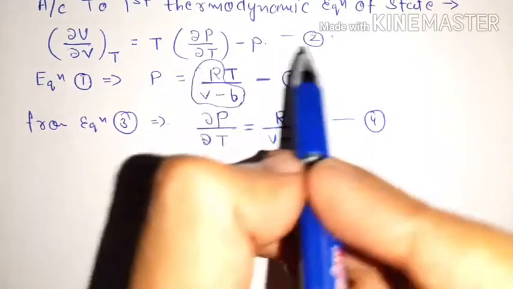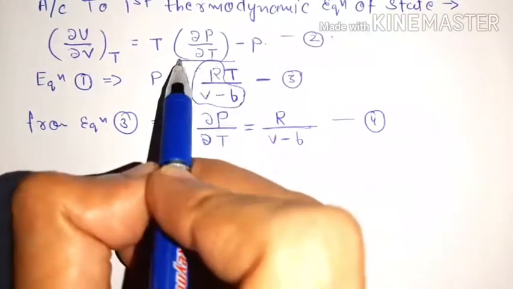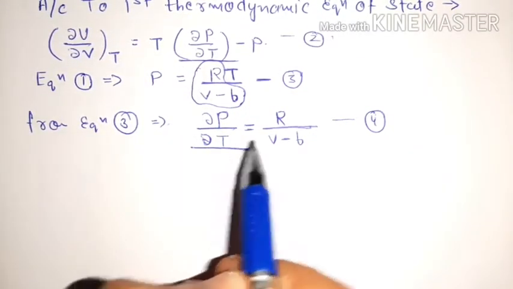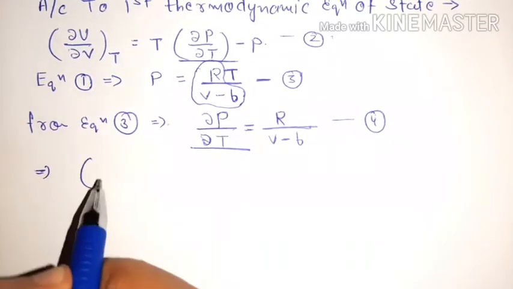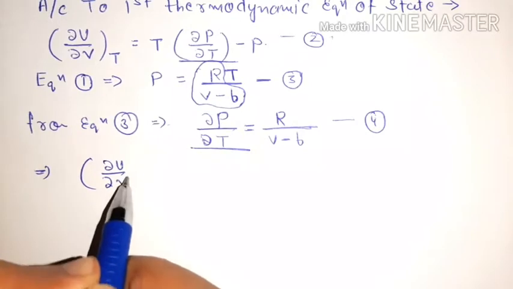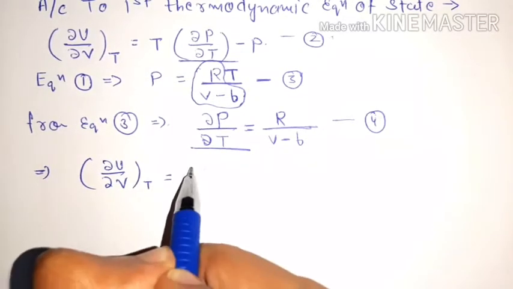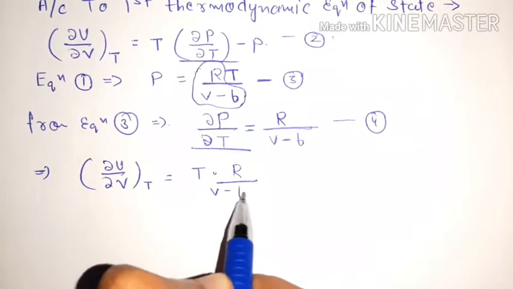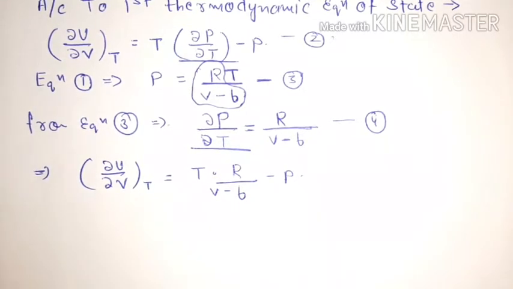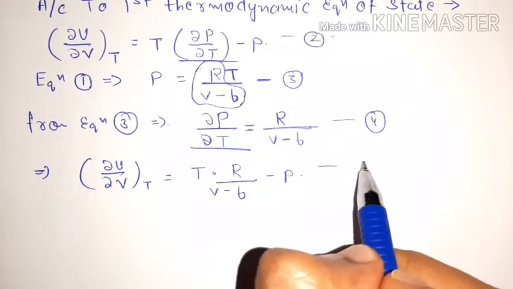Now put the value of equation number 4 into equation number second. Why? Because in equation number second we have ∂P/∂T, and ∂P/∂T is equal to R upon (V minus B). So ∂U/∂V at constant temperature is equal to T multiplied by R upon (V minus B) minus P. This is equation number 5.